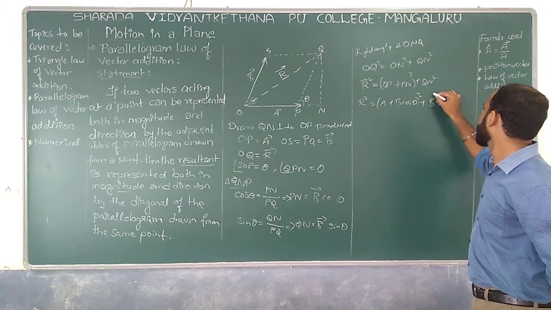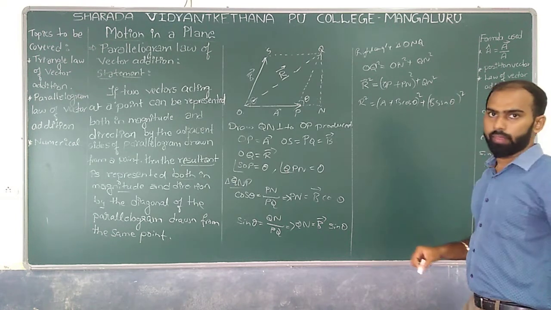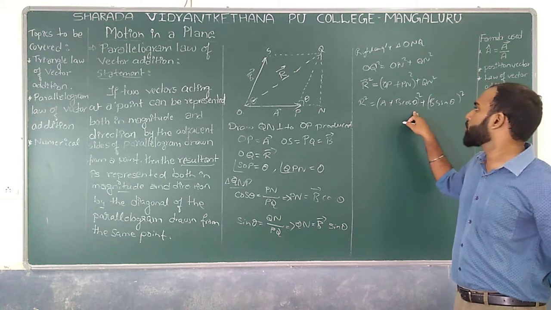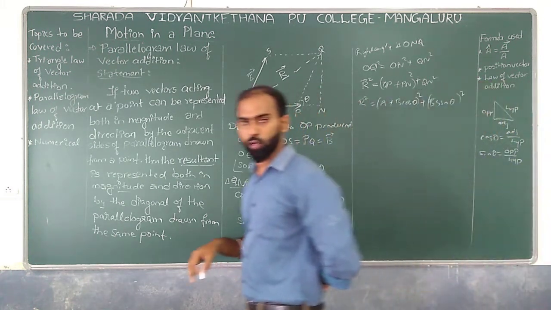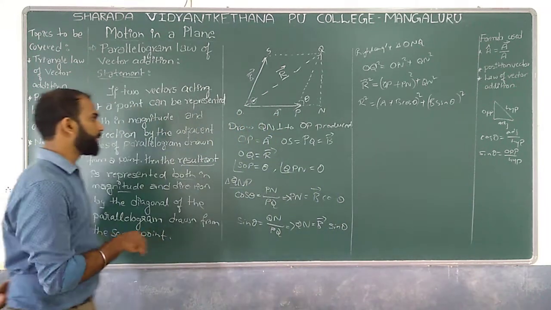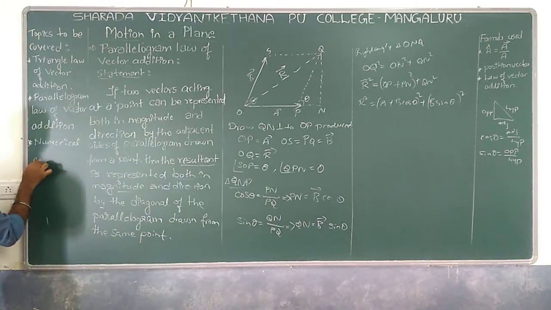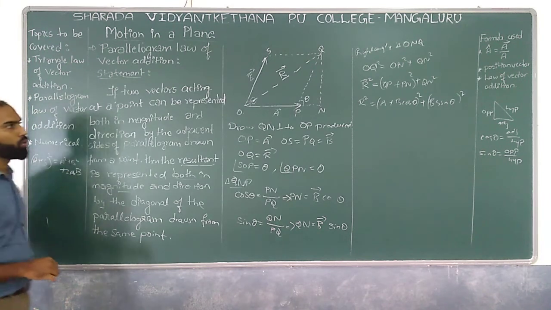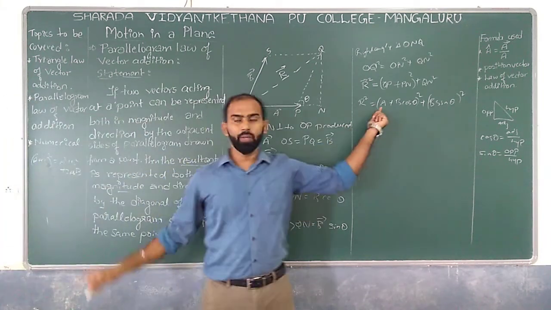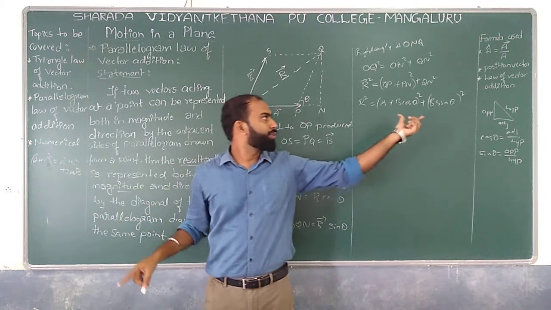Now you apply your A plus B whole square. Don't you think this looks like A plus B whole square? What is the formula we have for A plus B whole square? That is A square plus B square plus 2AB. So in the place of A, what we have? A. In the place of B, what we have?